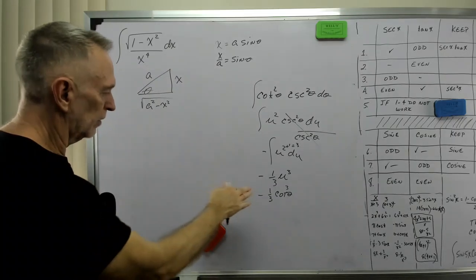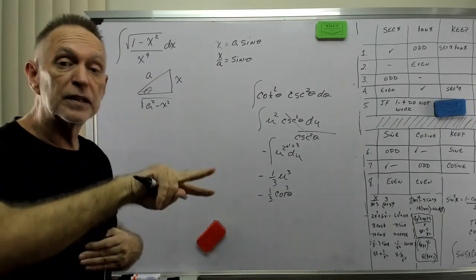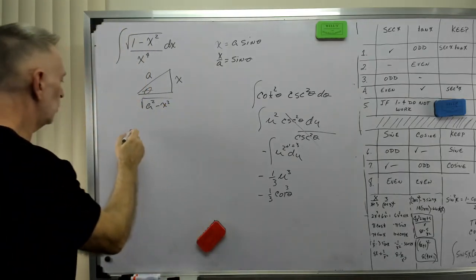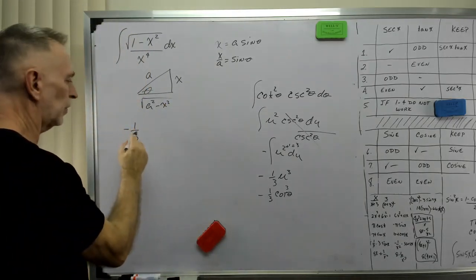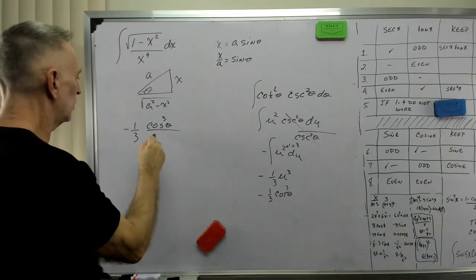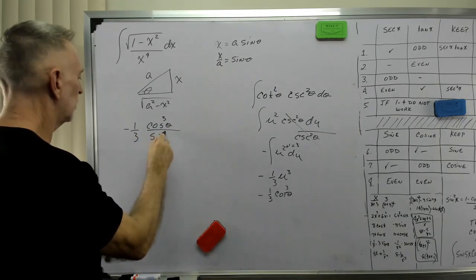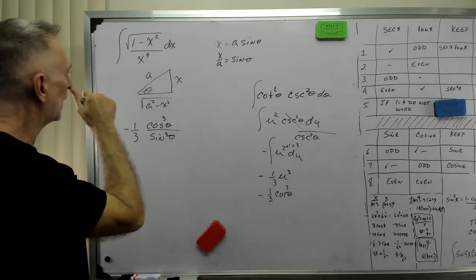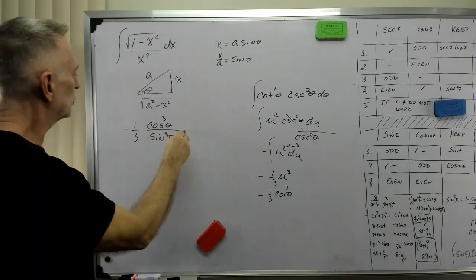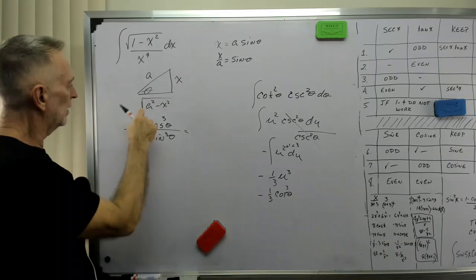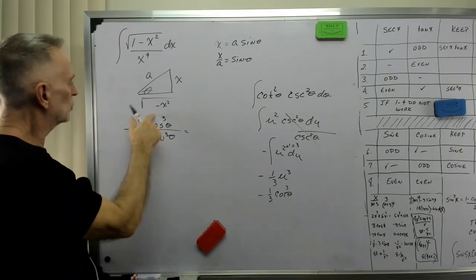Now then, cotangent. What do we know about tangent? Sine over cosine. Cotangent then would be cosine over sine, so I have minus 1/3 cosine cubed theta over sine cubed theta. And by the way, a equals 1, and 1 squared is 1.